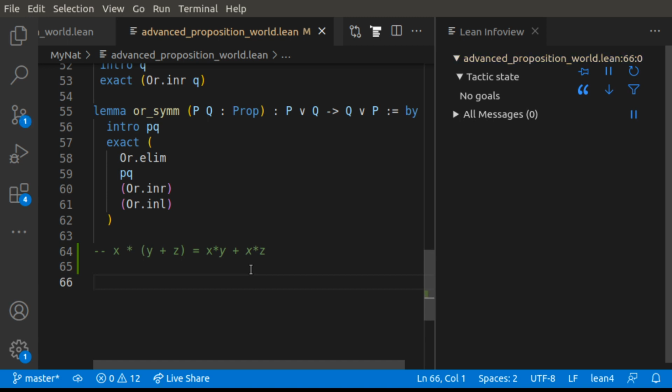In fact, or distributes over and, and and distributes over or. Right now we're going to prove one of these.